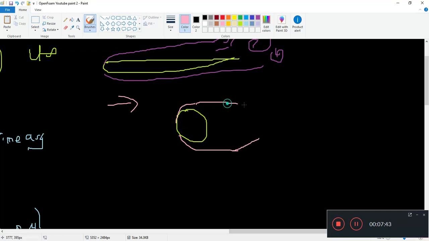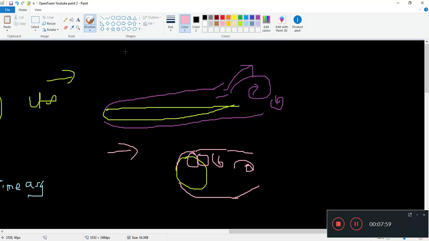There will be some turbulence, especially when you have eddies and backflows that cause fluctuations in the velocity. So these are what they call flow separation.